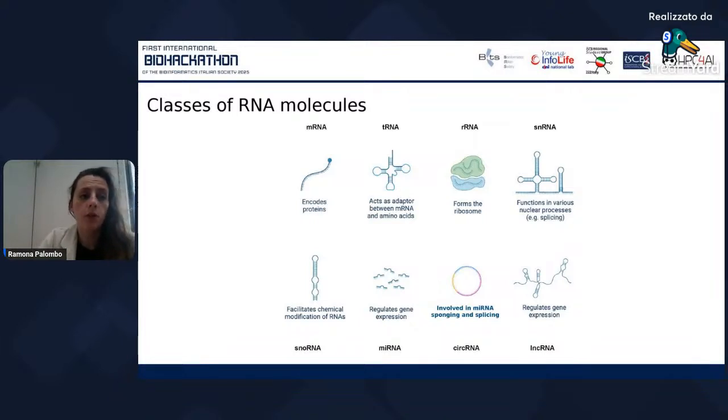Then we have also transfer RNA that have this particular kind of structure like a clover, and they are very important in the recognition of a specific portion of messenger RNA that is called also codon, that is represented by 3 nucleotides.